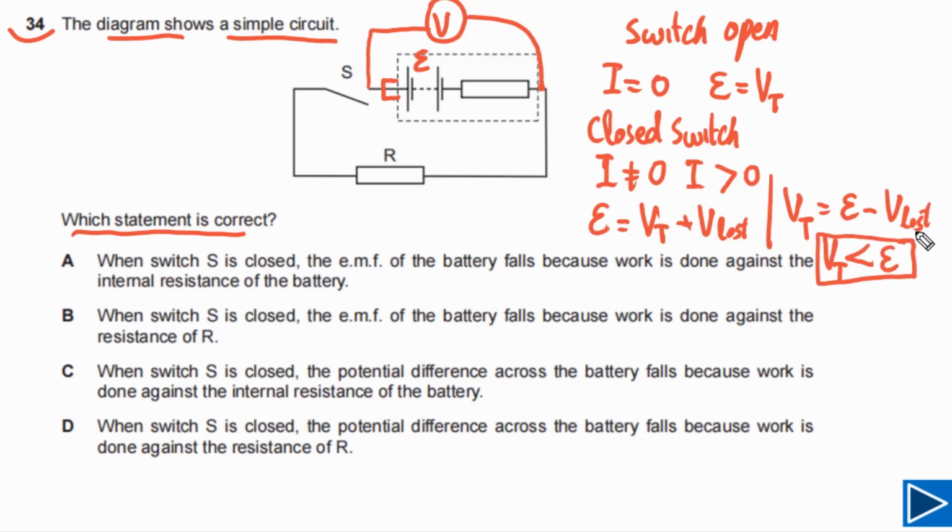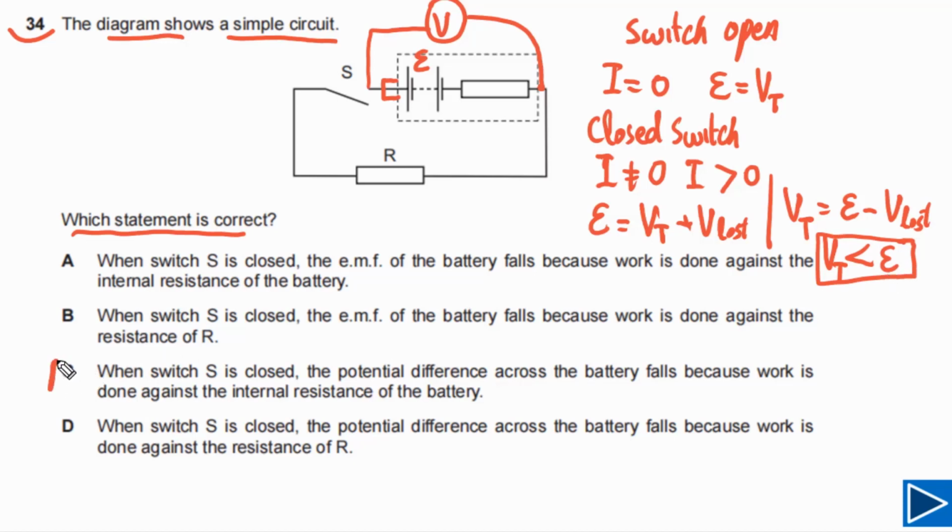Because some of the energy has been used inside the battery, or some work has been done against internal resistance. That's the reason when we use a battery for a long time, the battery gets warm, because electrical energy is converted into thermal energy inside the battery. So that's the reason when the switch is closed, terminal potential difference is less than EMF.